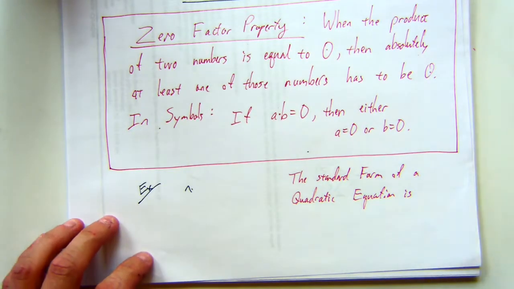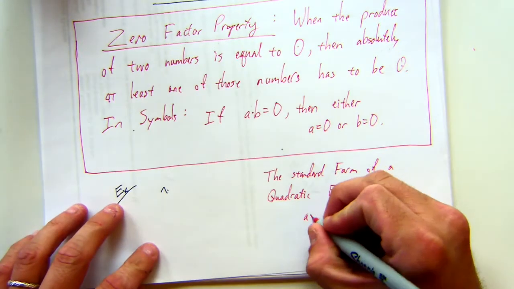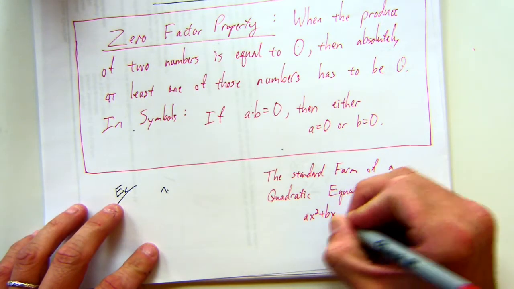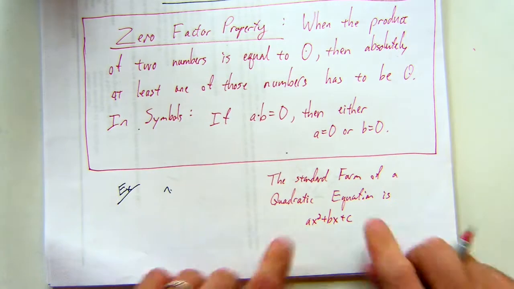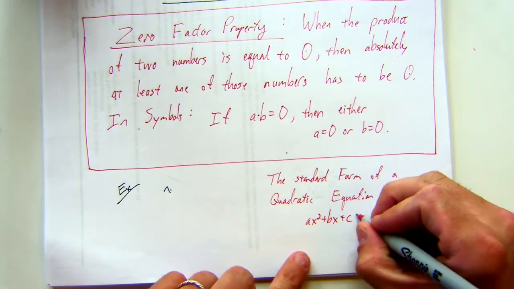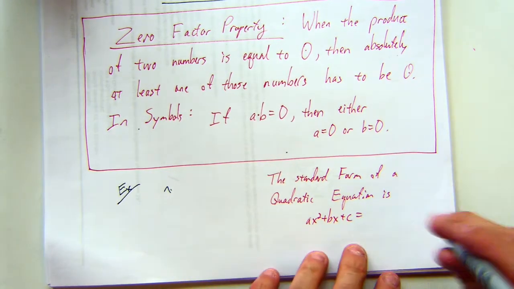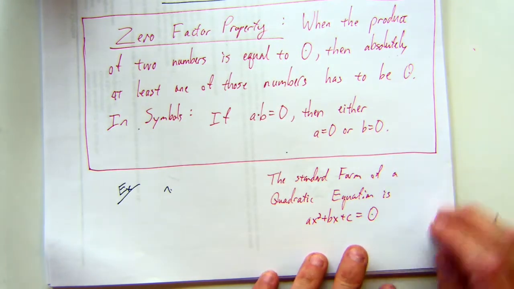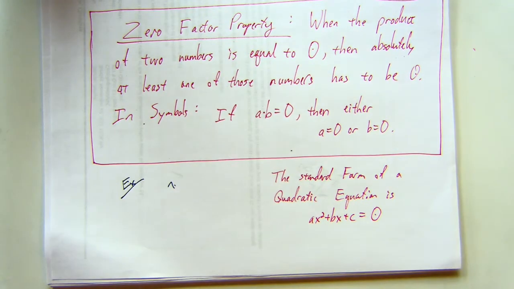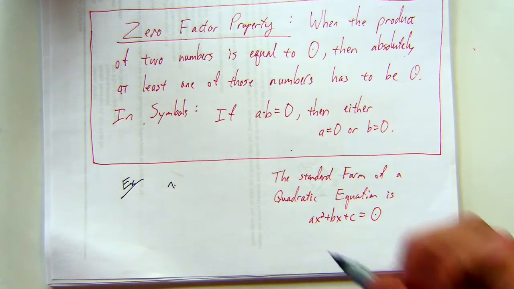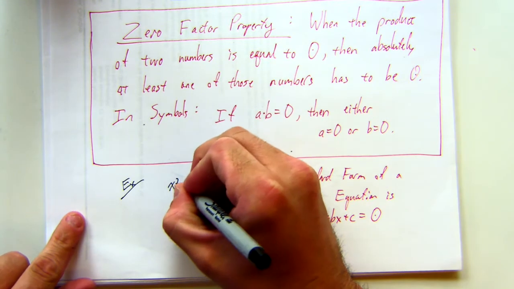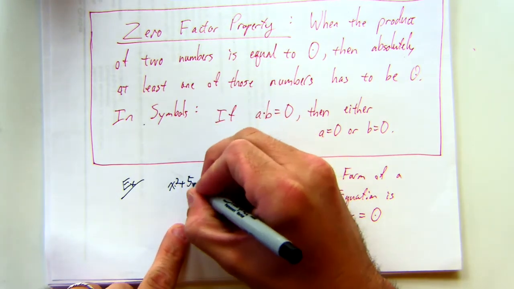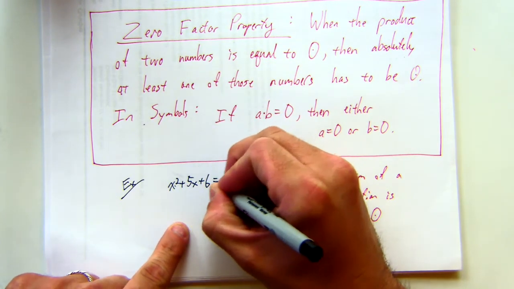That's exactly that, is ax squared plus bx plus c. But we're talking about an equation, so that's got to be equal to, and we want to use the zero factor property, so it's going to be equal to 0. Okay? Now let's get to that example. X squared plus 5x plus 6 is equal to 0.